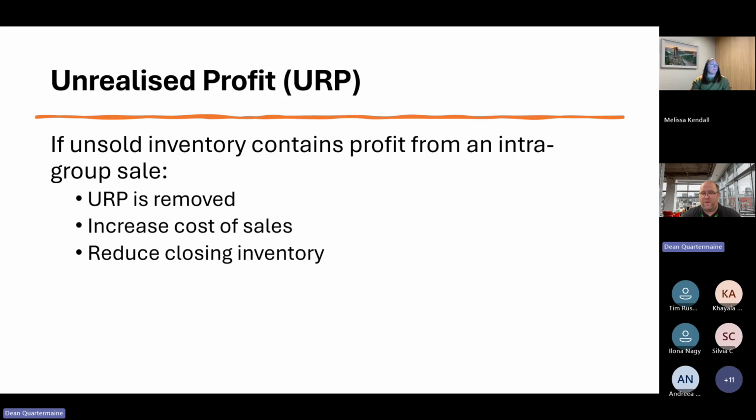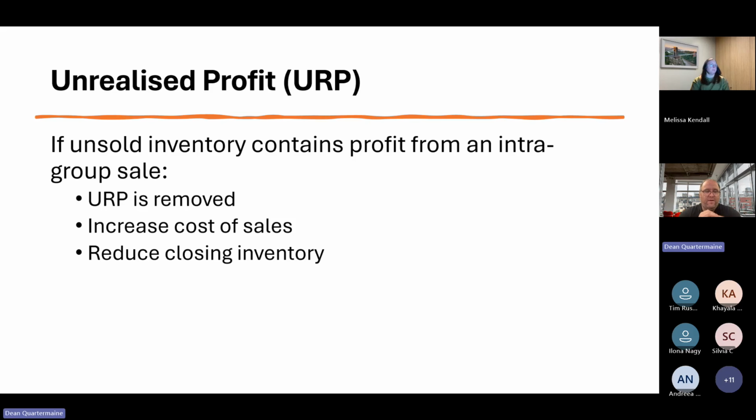Does it differ when the parent or subsidiary are selling or buying? From an unrealised profit perspective, yes. Their calculations are slightly different. If you look at the last session, you'll see what you need to do there. But from a stripping out of profit or loss perspective, it makes no difference what side that trading's occurring on. It doesn't matter if the parent is buying or the subsidiary is buying. The effects of that transaction just need stripping out completely.